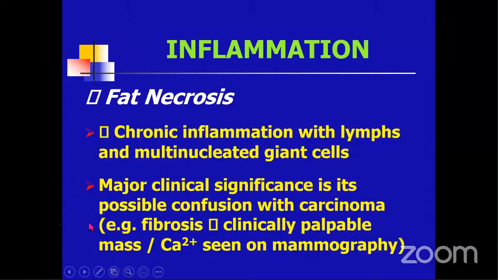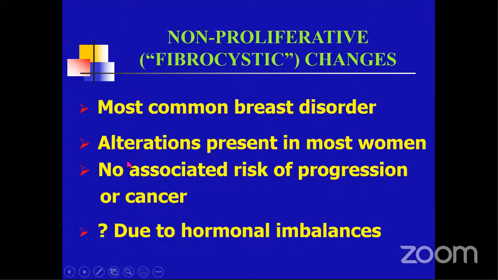Major clinical significance, it's also a close differential with carcinoma because of a palpable mass and calcifications seen on mammography with fibrosis. So your two inflammations, your mammary duct ectasia and your fat necrosis, would be both close differentials for your carcinoma.